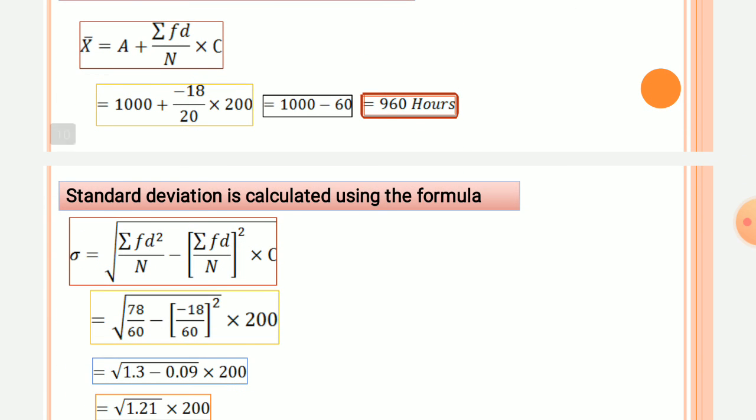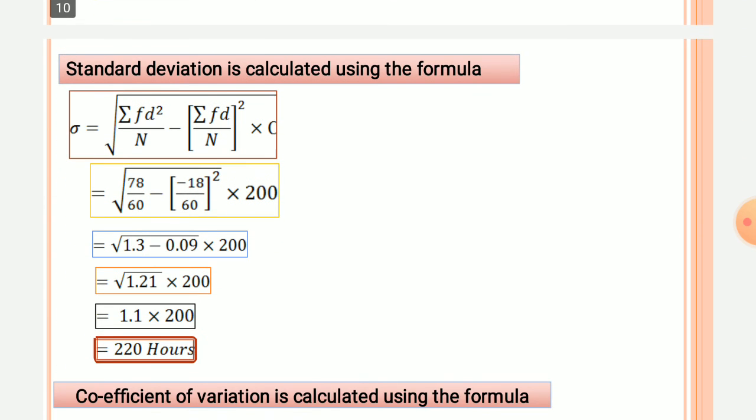Now the standard deviation can be calculated as sigma is equal to root of sigma fd square by n minus sigma fd by n whole square, into c. Root of sigma fd square 78 by 60 minus minus 18 by 60 whole square, into 200.